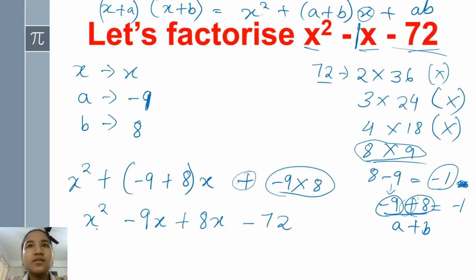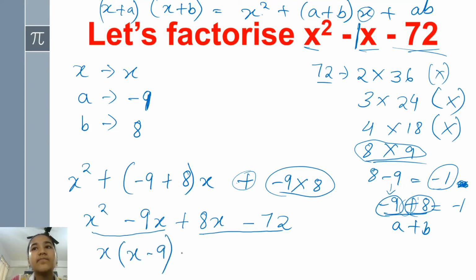Next thing is, by regrouping the terms, we can factorize. So we have grouped the terms. So now what is the common factor? X. So we can take x outside. What will be remaining? X minus 9 plus. Over here we can take 8 outside, because 8 nines are 72. 8 into x.